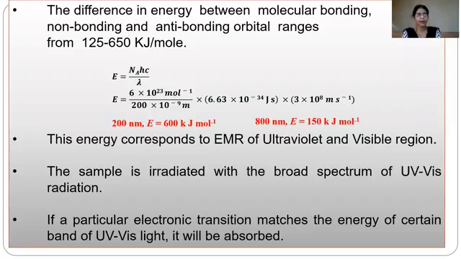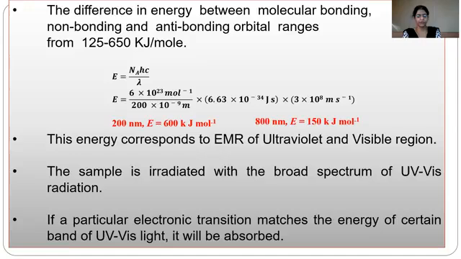These are the three main types of molecular orbitals present in any molecule: bonding orbital, non-bonding orbital if any heteroatom or lone pair of electrons is present, and the corresponding anti-bonding orbital.